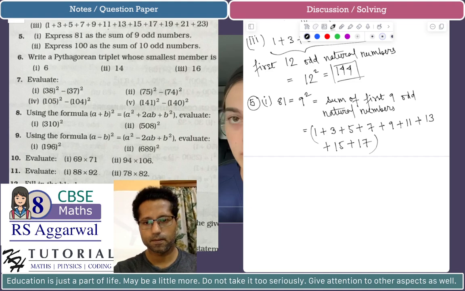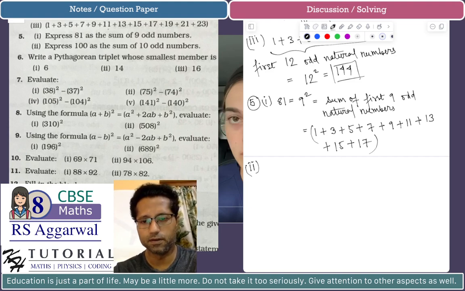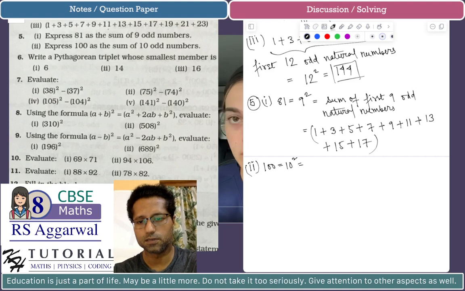Okay. Part 2 is express 100 as the sum of 10 odd numbers. So definitely we know 100 is equal to 10 square. So equal to the sum of the first 10 odd numbers.